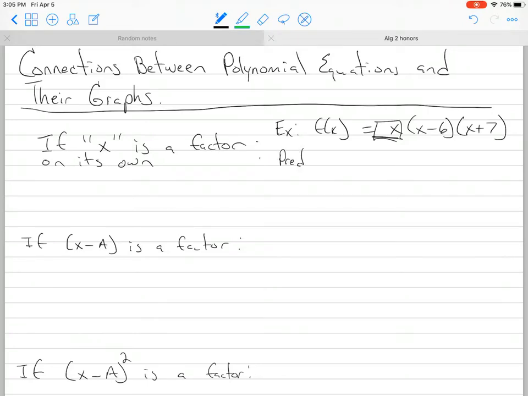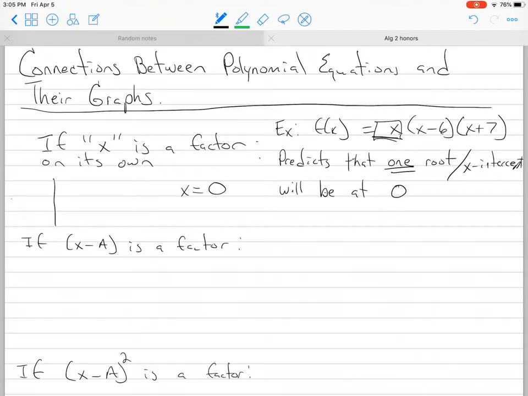This predicts that one root, in other words one x-intercept, will be at 0. Because if I was going to find the root of this, I would need x to equal 0. So one of my roots is going to be at 0.